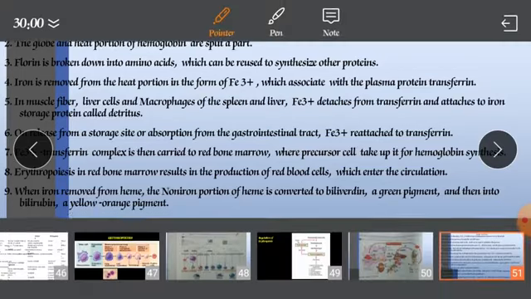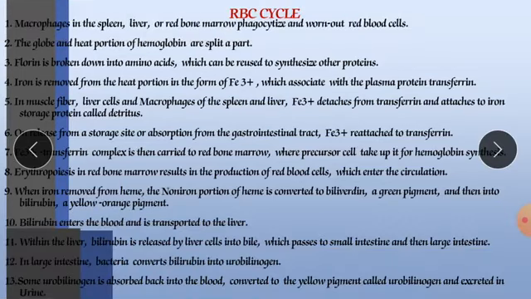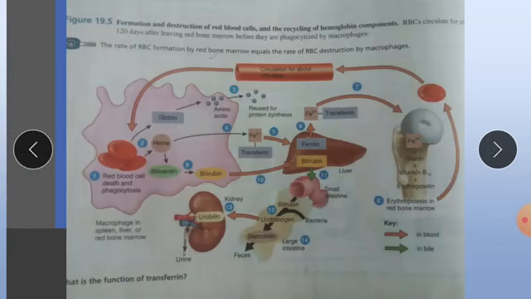Now when iron is removed from the heme, the non-iron portion of heme is converted to biliverdin. Here you can see, from this RBC, when we are removing the heme part, meaning the iron part, we are also removing the globin part. Whatever portion of our RBC remains is called biliverdin.